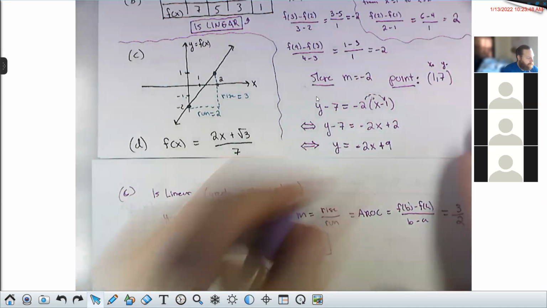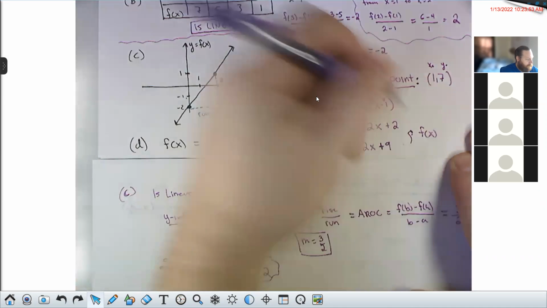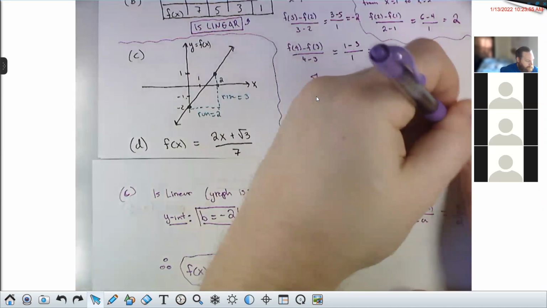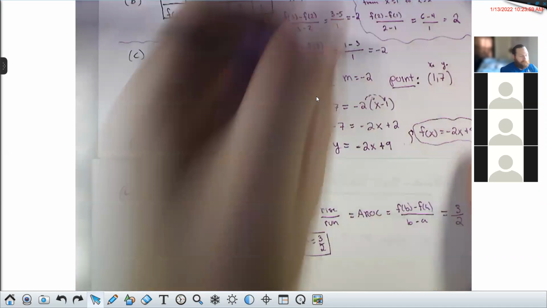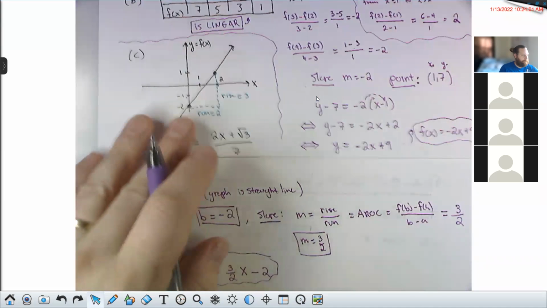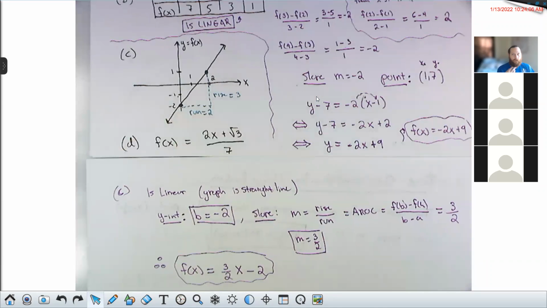Right, I suppose I should have done that over here also. Put it in function notation, f of x equals negative 2x plus 9. Okay. Really quick, what about this last one?